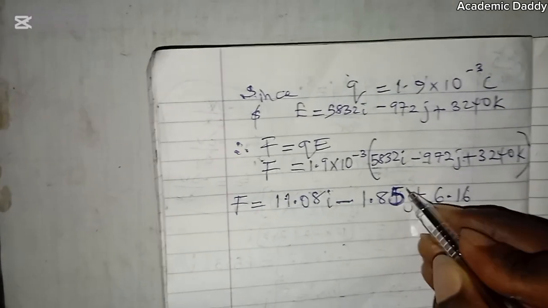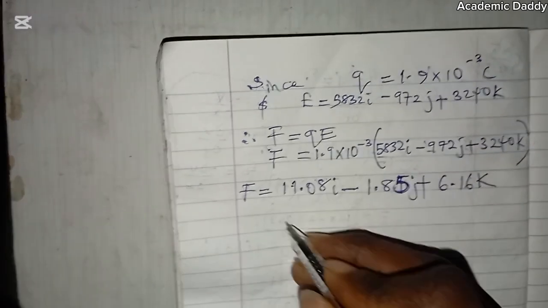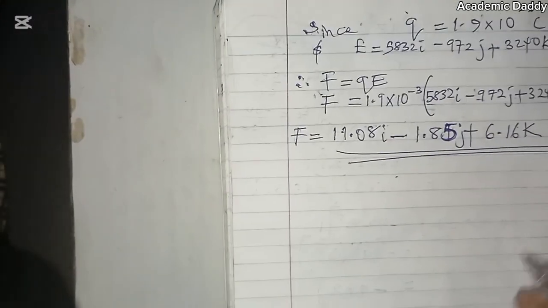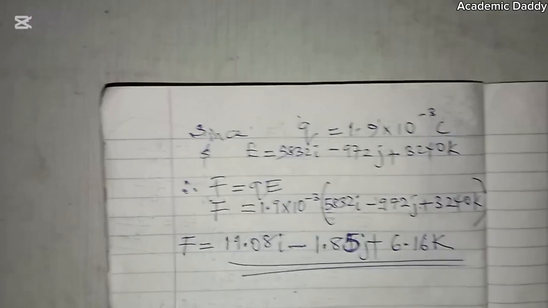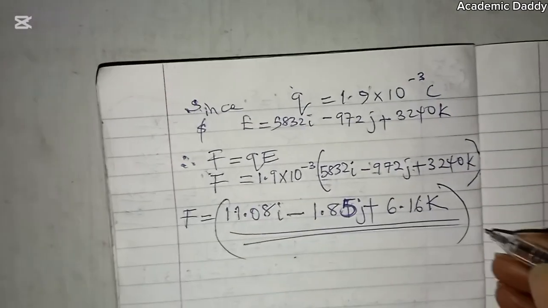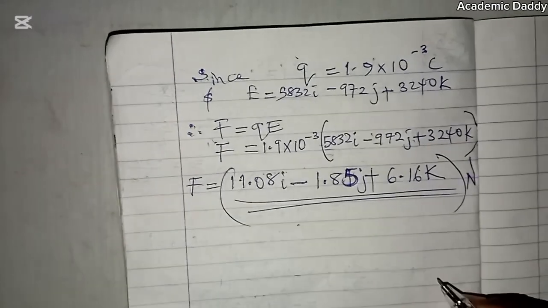Remember that this one will carry its j, and then this one will carry its k. So there you have it. This is our force. And you know that force is in Newton. So this is our answer.